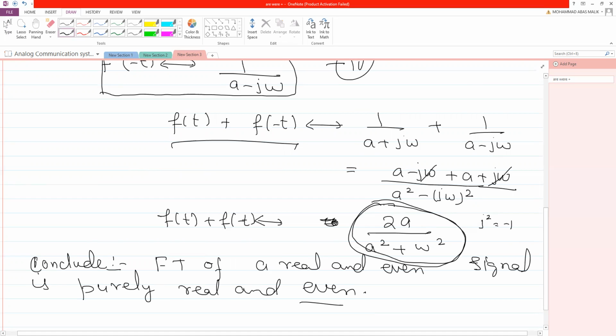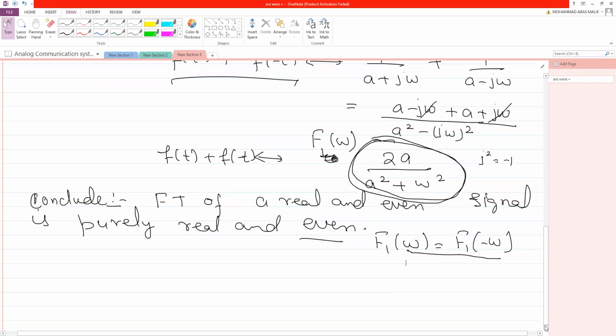You can consider this equal to F1 of omega, then F1 of omega is equal to F1 of minus omega. So this is an even function of omega. So you conclude that the Fourier transform of a real and even signal is purely real and even.